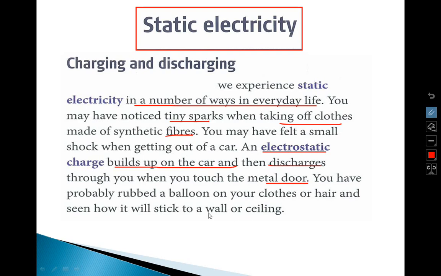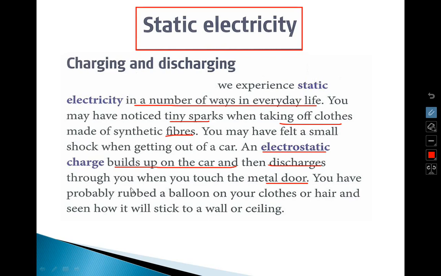You have probably also rubbed a balloon on your clothes or hair and seen how it sticks to a wall or ceiling. These are different examples of phenomena where we experience static electricity.